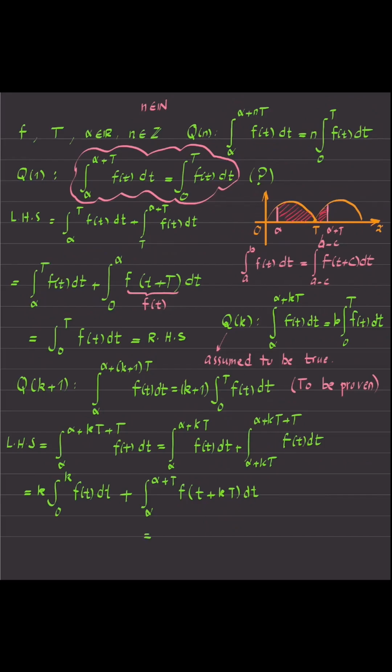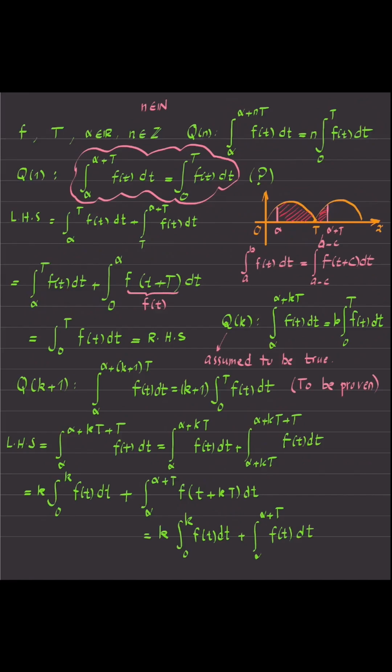So I copy and paste the first term, k integral from 0 to T f of t dt plus integral from alpha to alpha plus T f of t dt, because I can eliminate kT.